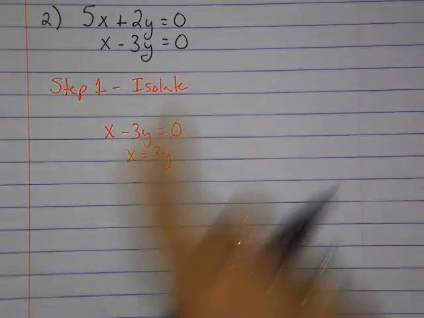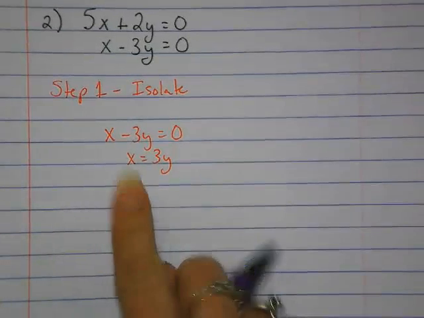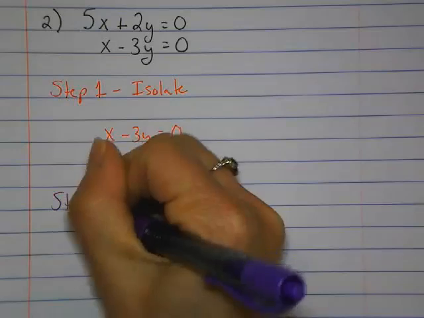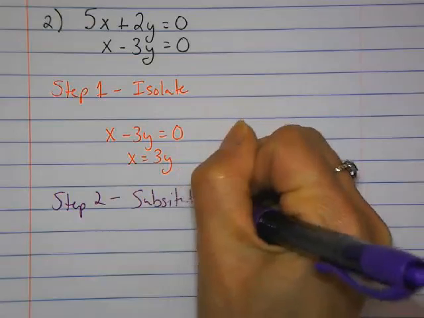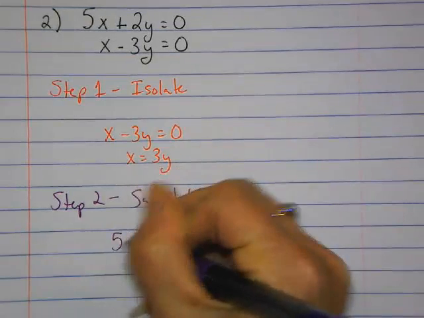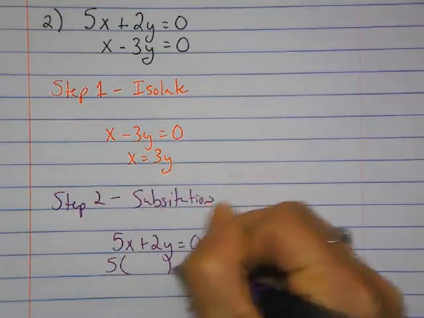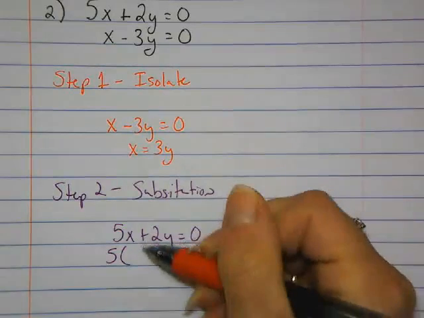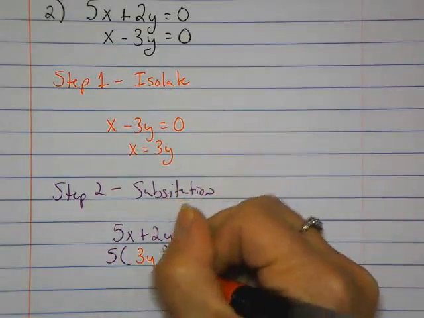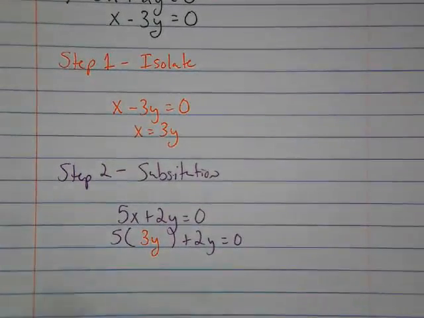I want you to go back to the original equations, and I want you to go ahead and plug in what x now is. Alright, so step 2 is to make your substitution. So I know that it's 5x plus 2y equals 0, but this time I now know x. So I'm going to take out x, and I'm going to plug in 3y. And now I'm just going to go ahead and pause for a moment and let you try to solve for y.